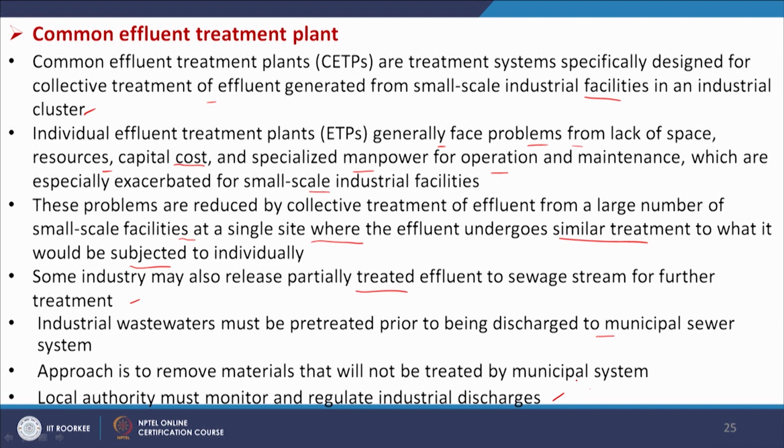For the success of a CETP, it is very essential that the local authority regulates it very nicely. So, there will be some tax impositions etc. The industry will make an optimum decision, and the municipality will also be able to handle the sewage treatment plant or CETP in a nice way.